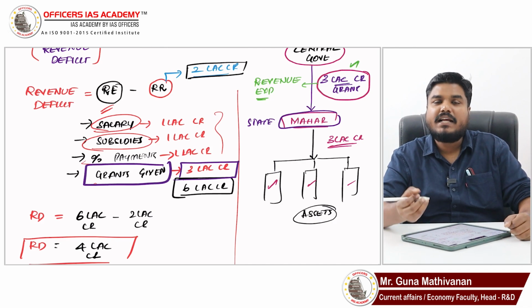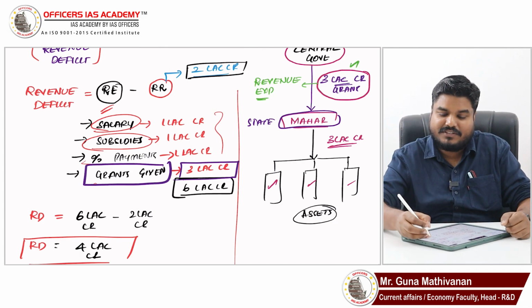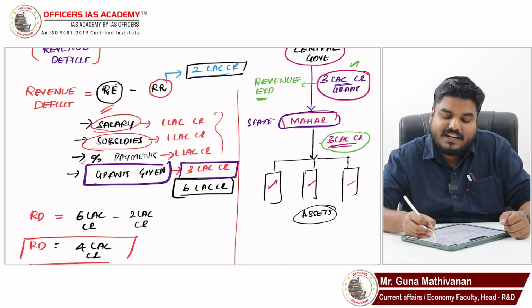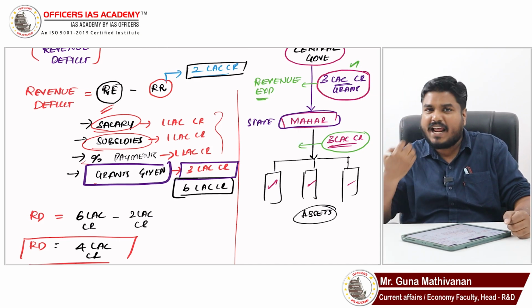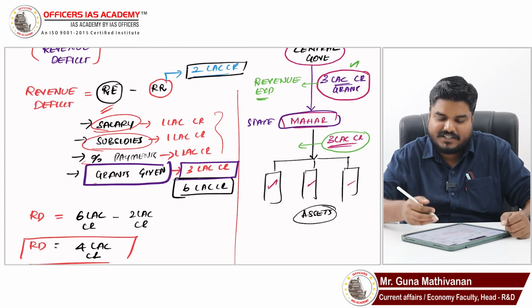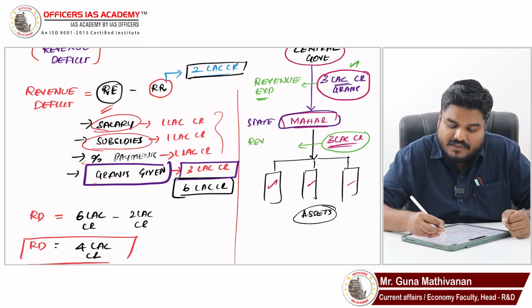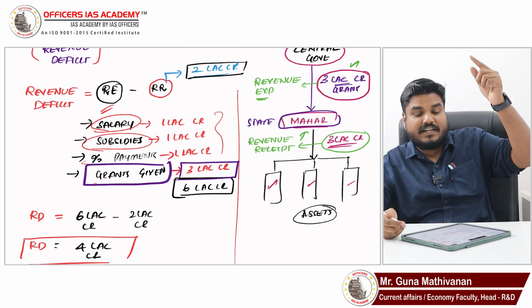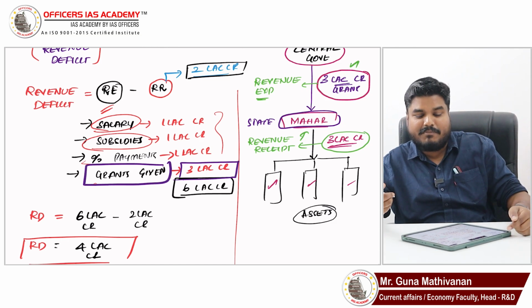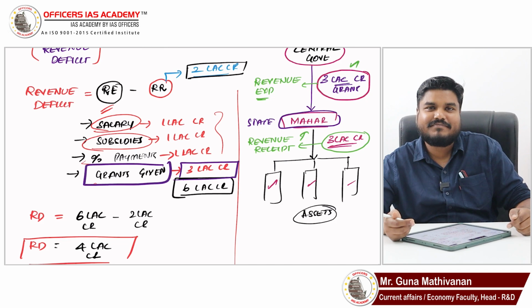Now Maharashtra is receiving that 3 lakh crores. For the Maharashtra government, when they receive it, it is a grant, a one way transaction, so it is going to be revenue receipt. For the central government it is revenue expenditure. For Maharashtra it is revenue receipt.